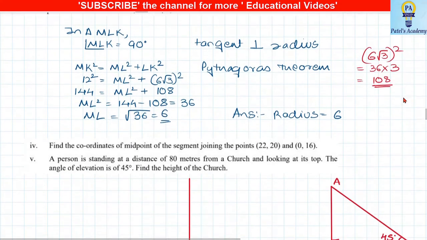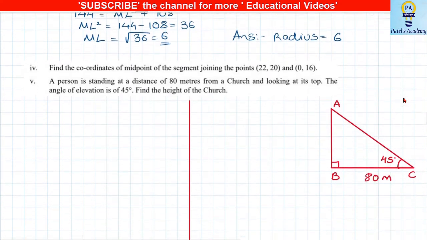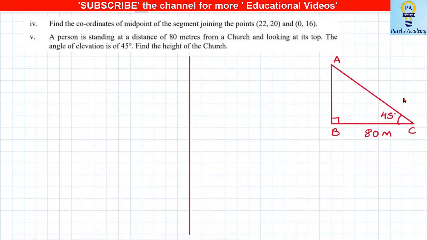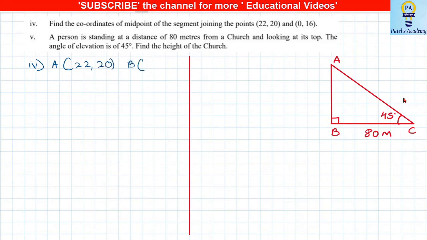Okay, let's see the fourth sum. Find the coordinates of the midpoint of the segment joining the 2 points they have given. We'll just name the points as A and B, that is A is 22, 20, and B is 0, 16.